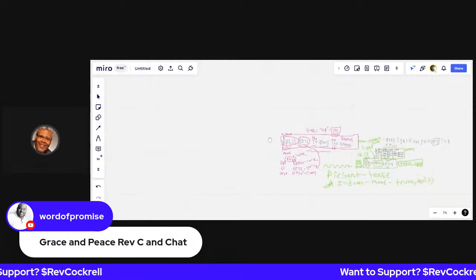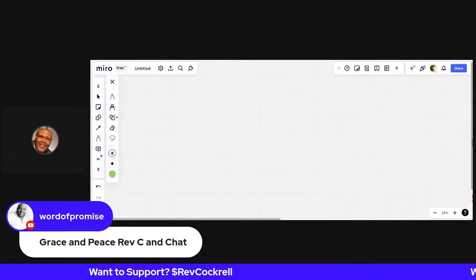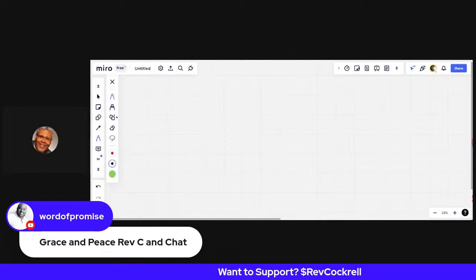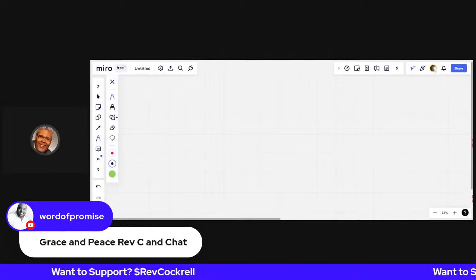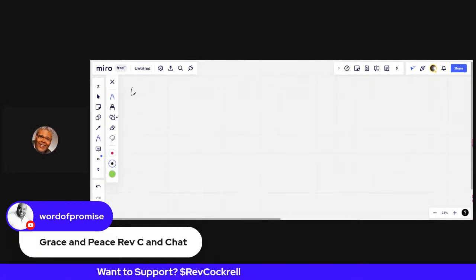So now I want to move that over. Now I want to focus on what we're doing tonight. Tonight we are looking at the future tense. The future tense verb. We're going to look pretty quick at it. So let's go over our verb and let me give you our verb endings. These are for future and present tense.